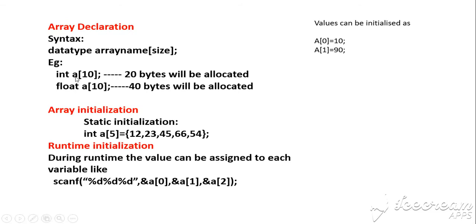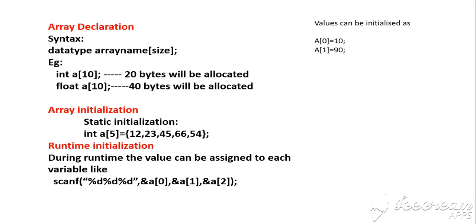Any user defined name can be given for an array. Here I am giving the name A, and you have to specify the size. Size means how many elements you want to store in that particular array. In this example, I have given int a[10]. That means a is an integer array in which 10 elements are going to be stored.